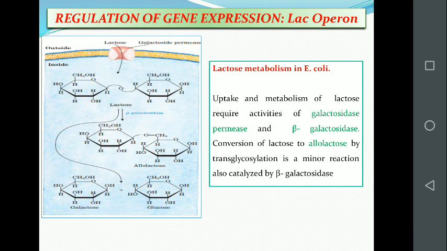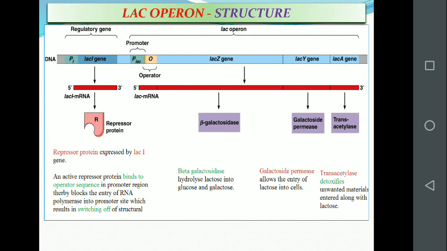This allolactose acts as a potent inducer. The lactose acts as an inducer, and the allolactose also acts as an inducer, but allolactose is a more potent inducer than the lactose. Once the lactose enters the cell, it is converted into allolactose, and because of that allolactose, a repressor molecule binds the allolactose.